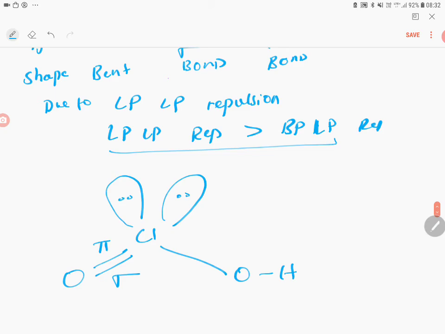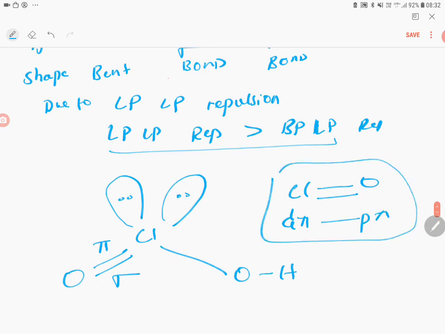What kind of pi bond? Chlorine-oxygen has a pi bond. This is d pi, this is p pi. d pi p pi multiple bonding, and a sigma bond. Therefore, hybridization is sp3, shape is bent.